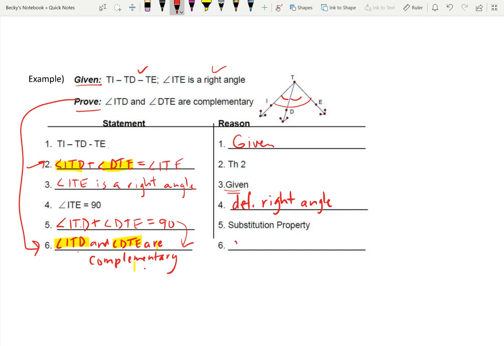So this again is another definition. Definition. If you want to use the word "of," you can. I usually don't. I just say definition of complementary angles. Okay, so remember, when you do a proof, you can use any definition or property or theorem or postulate or corollary. So anything is up for grabs. You can use anything.